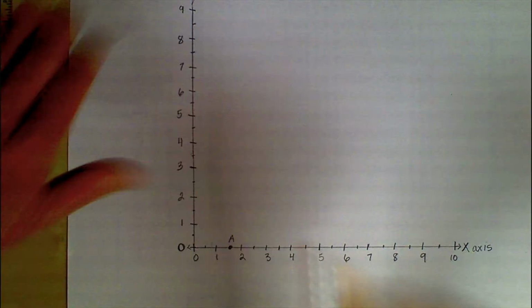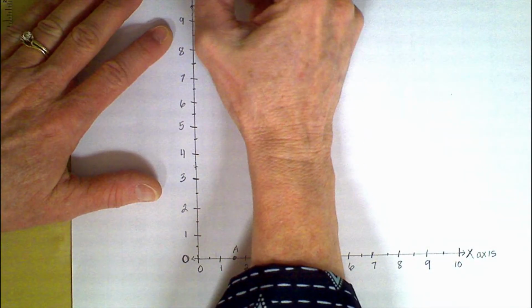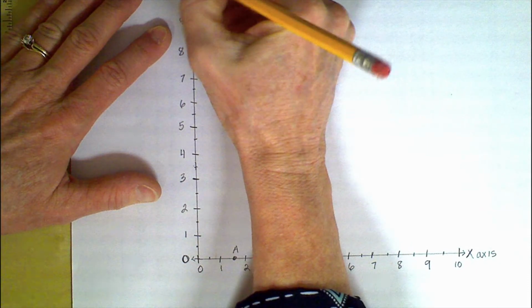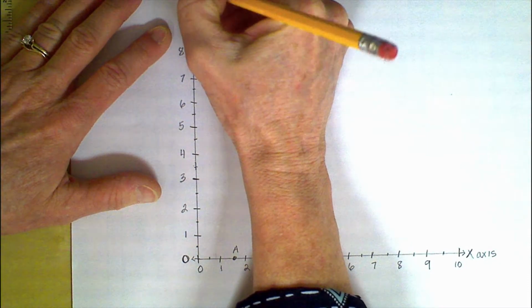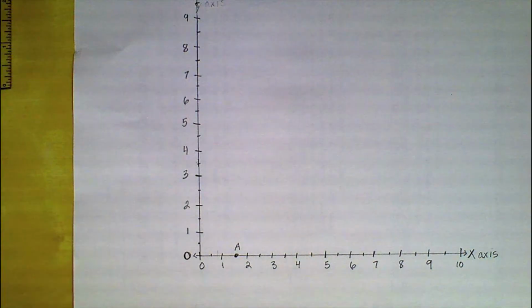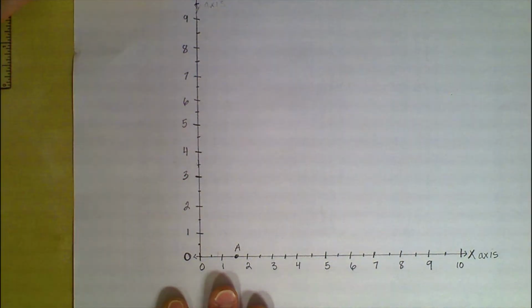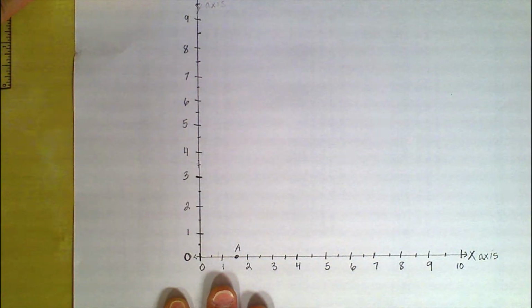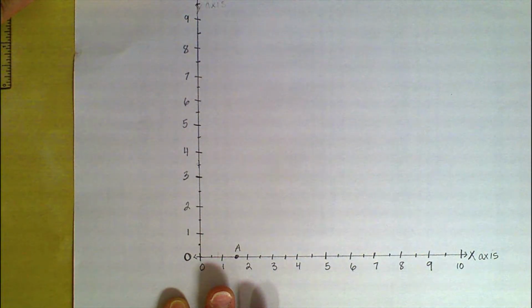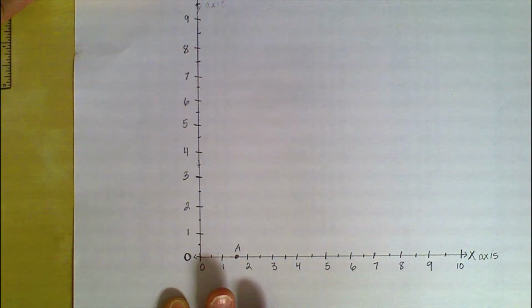Okay. Instead of this manuscript Y, I'm going to make a capital Y. Now the capital Y has a line that goes vertical, correct? So I know that my y-axis is my vertical line.